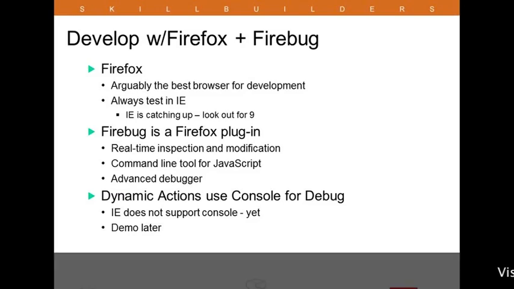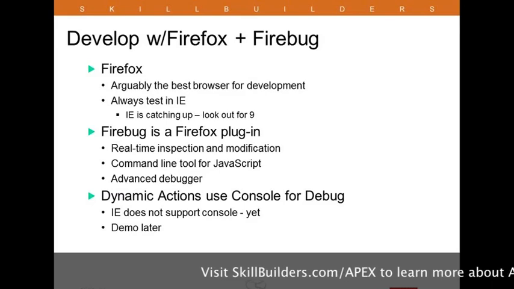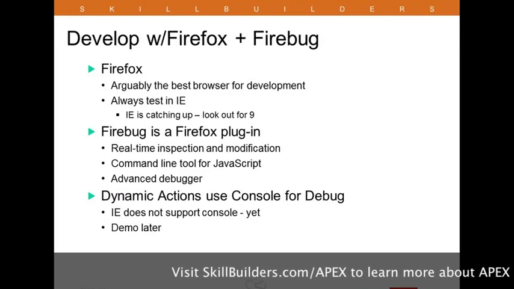I'm not going to demo those here today, but believe me, they exist and they're very powerful. Dynamic actions have some basic debug abilities that were built in, and they utilize the console for that to work. Now, console is something that does not even exist in IE, at least not yet, but it does exist in Firefox, and we're able to see it using Firebug.